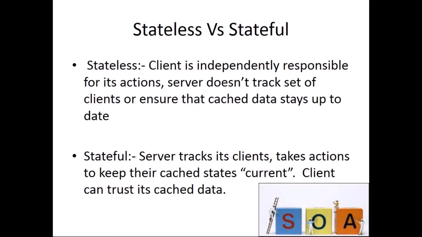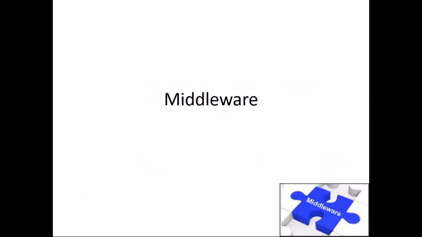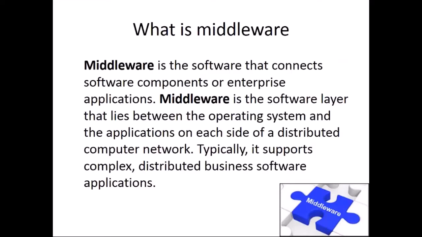These are two major things which come into the picture when we are talking about SOA architecture. That day I stopped at SOA and had to start on middlewares. So as we are aware, where exactly do middlewares come into the picture?